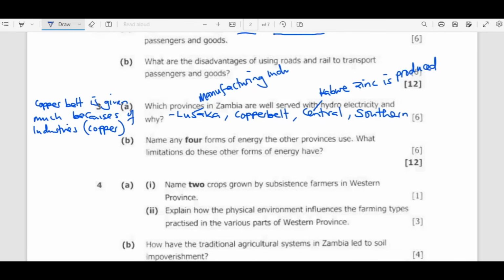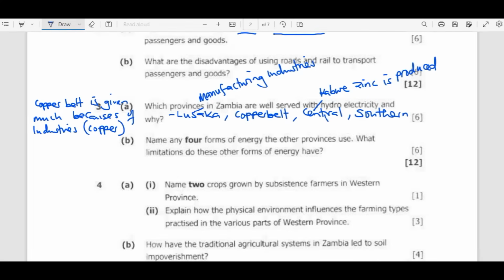industries. So because of those manufacturing industries which need a lot of power, that's why it is supplied with a lot of power in those areas. And then apart from that, we are saying that also Central Province, because this is a farming area.